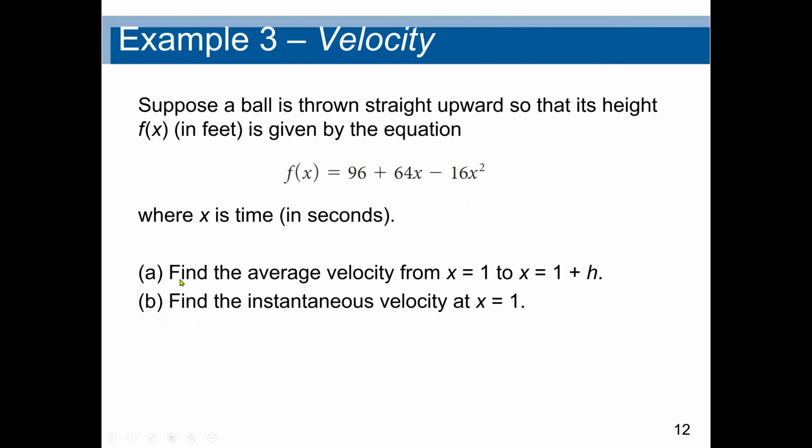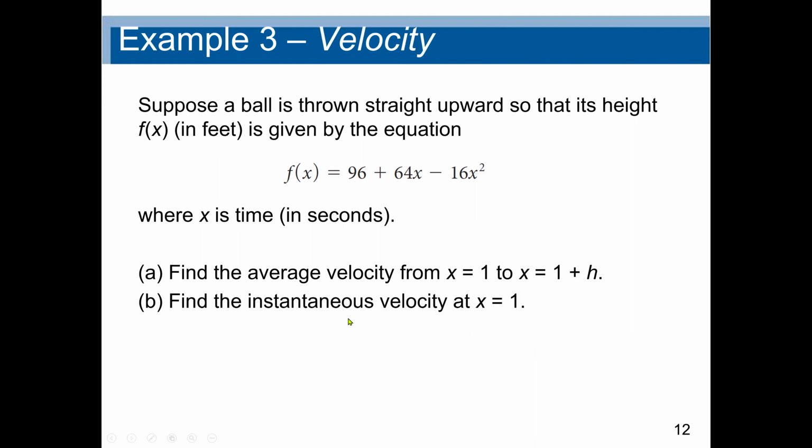So now the question here says that we should find the average velocity from s equal to 1 to s equal to 1 plus h. Then secondly, we're going to find the instantaneous velocity at s equal to 1. Here we use the same concept of average rate of change. But first, we have to use the interval given here.